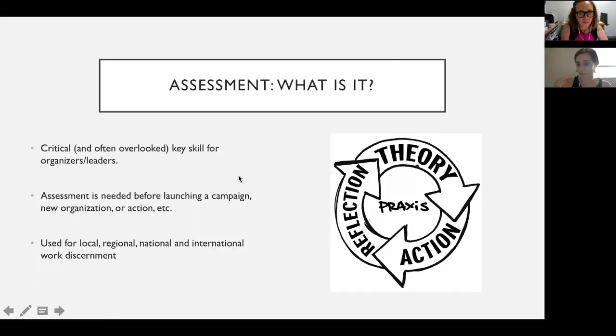It sounds very simple, but we're going to go into some of the different components of what you're assessing. It basically means you're taking a landscape read from a lot of different factors, and you're doing that carefully before you make moves and as you make moves. Now, there's no perfect assessment, but it's an important skill, and the more you do it, the better you get at it, in my experience.